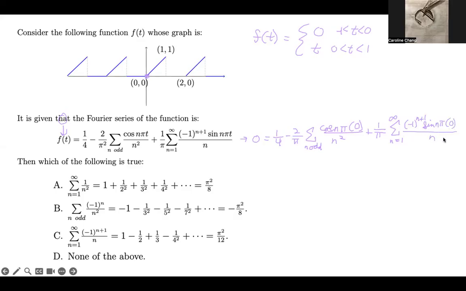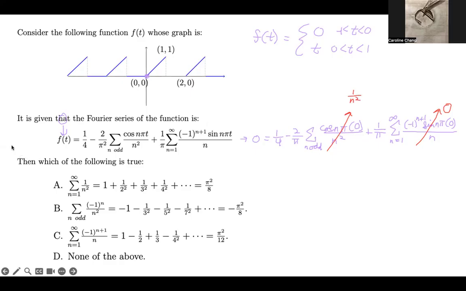Now, certain terms disappear because sine n pi times 0 is equal to sine of 0 for all n, and sine of 0 is equal to 0. So this whole term goes to 0. And actually, I'm going to use another color here to demonstrate the disappearance to 0. And cosine n pi times 0 over n squared: cosine n pi times 0 is basically cosine of 0, and cosine of 0 is equal to 1 for all n. So this one goes to 1 over n squared.